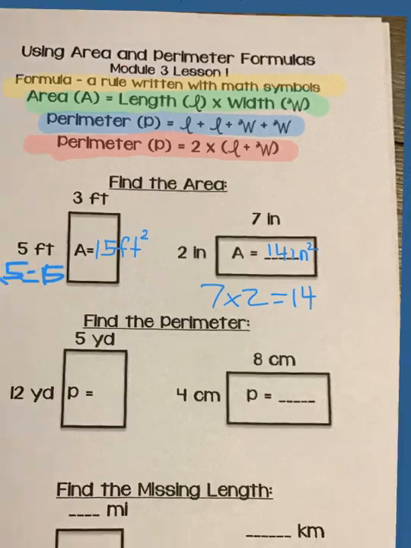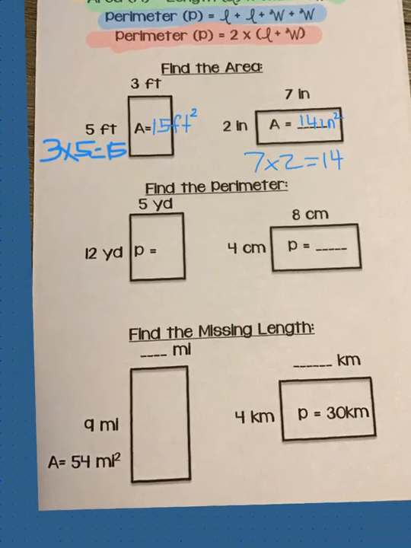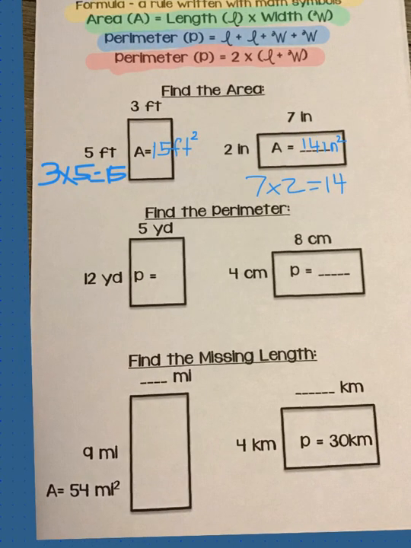All right. Now we're going to move down to perimeter. Now remember, in 4th grade, we're going to use the red formula at the top for perimeter. So I'll use red for that.